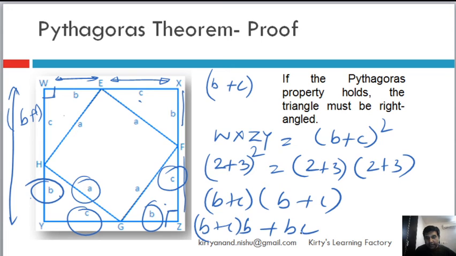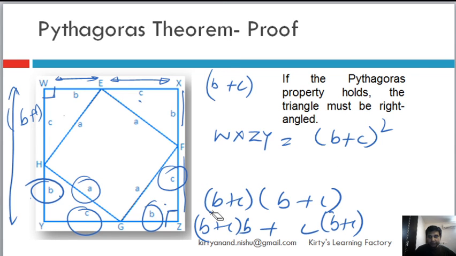And here it would not be bc, but it would be ac. Sorry, I had written it wrong. And here also we will remove a and put b plus c.